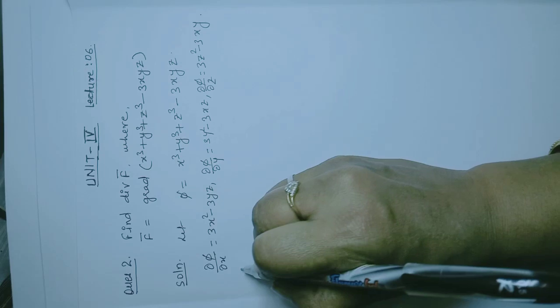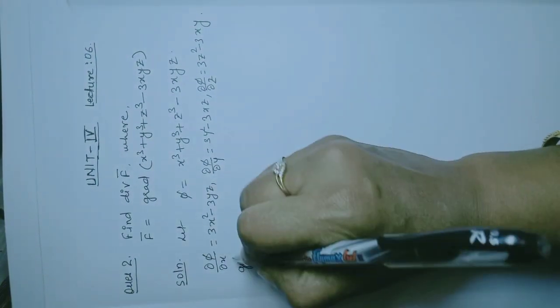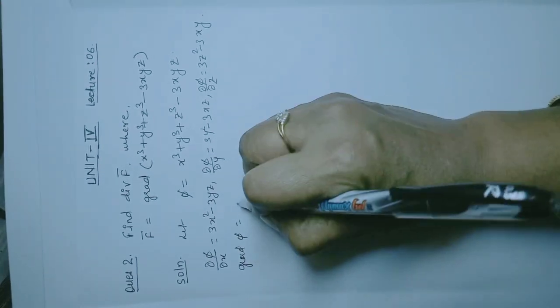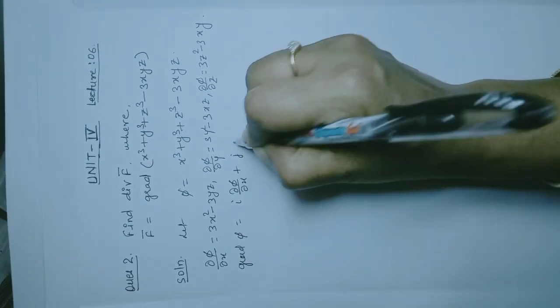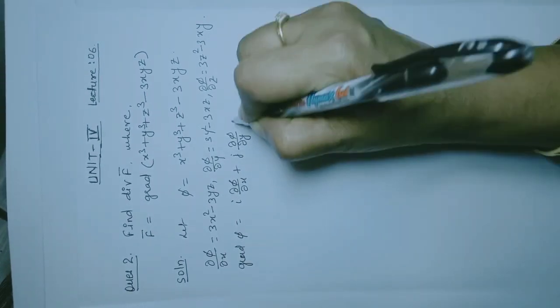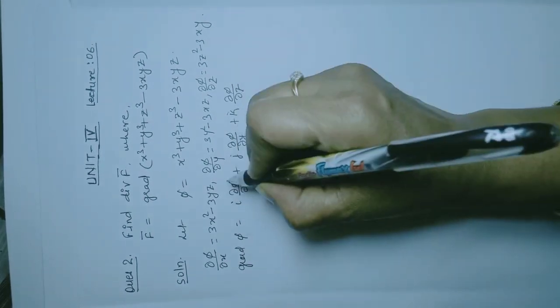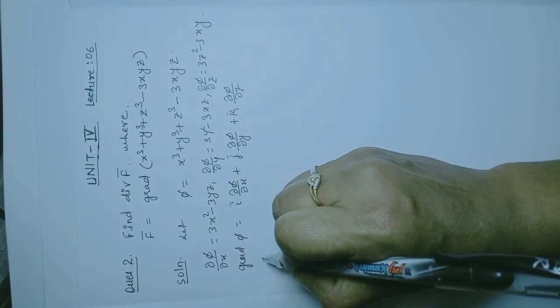So now your grad phi is nothing but i del phi by del x plus j del phi by del y plus k del phi by del z. So let's substitute the values of this.